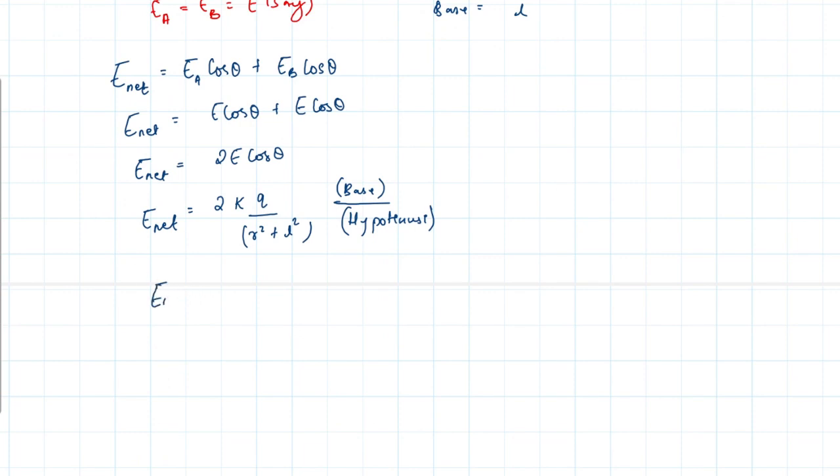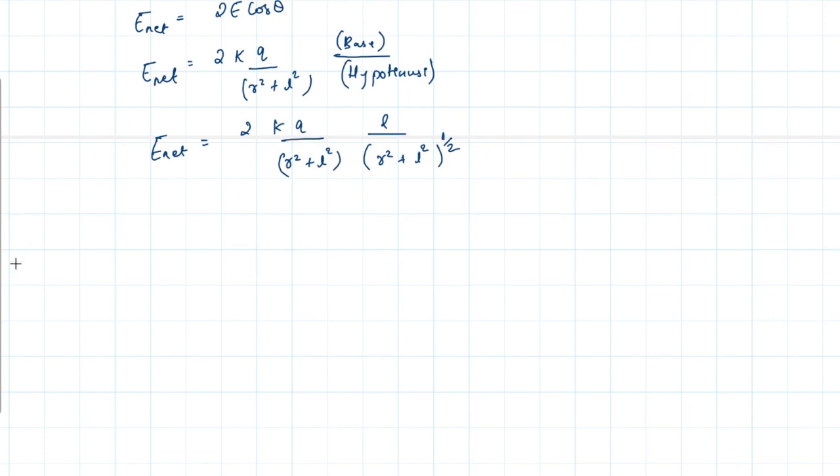So therefore what are we going to get? E net will be your 2KQ by R squared plus L squared, and then what is our base? Base is our L. So what is our hypotenuse? Hypotenuse is root over R square plus L square, and you know root over can be written as to the power half. Now you can see the bases are the same, R square plus L square and R square plus L square, so when bases are the same, the powers should be added.